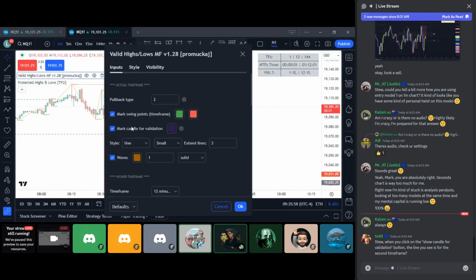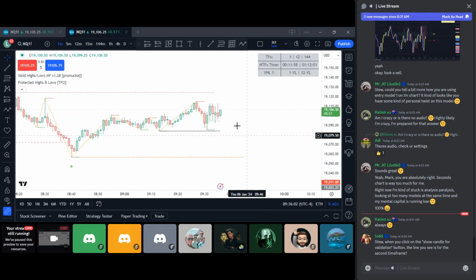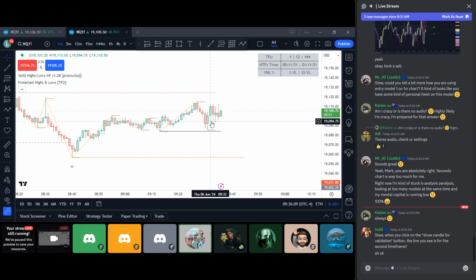So this would be my 1 minute, and I have it as purple. So that would be this guy right here. You see that purple line right there? So there's the validation candle to put in a valid high on the 1 minute. And then the black line, I have it as the validation candle for the 12 minute.